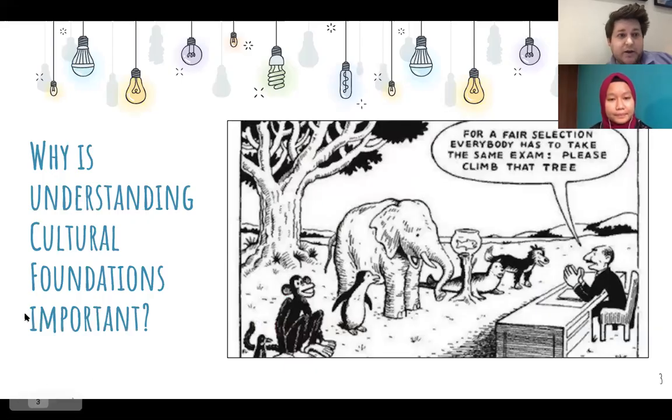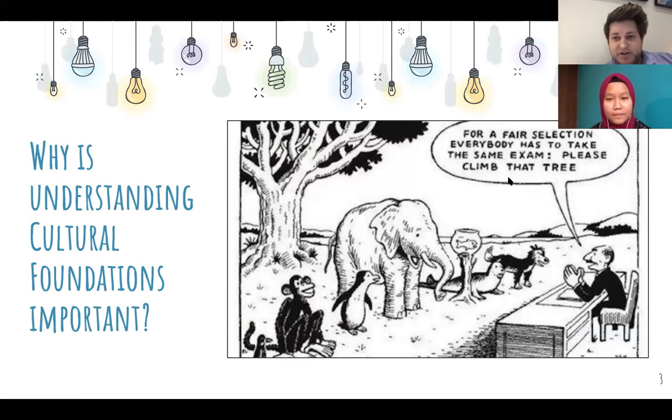All right, so a good place to start after that would be, why is it important to understand cultural foundations? So this is a really famously seen comic where there's an instructor who's giving a test where obviously not everyone has the same advantages. So it's important when you're the teacher of a class to recognize that your students don't all have the same advantages.